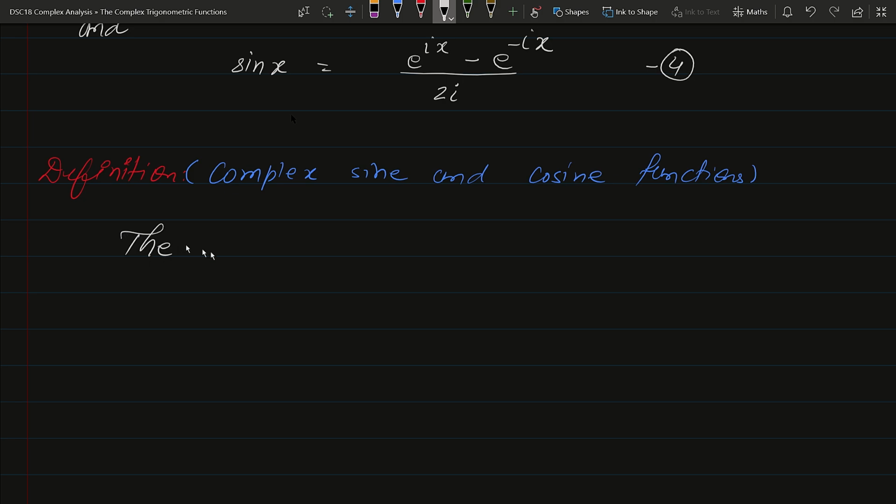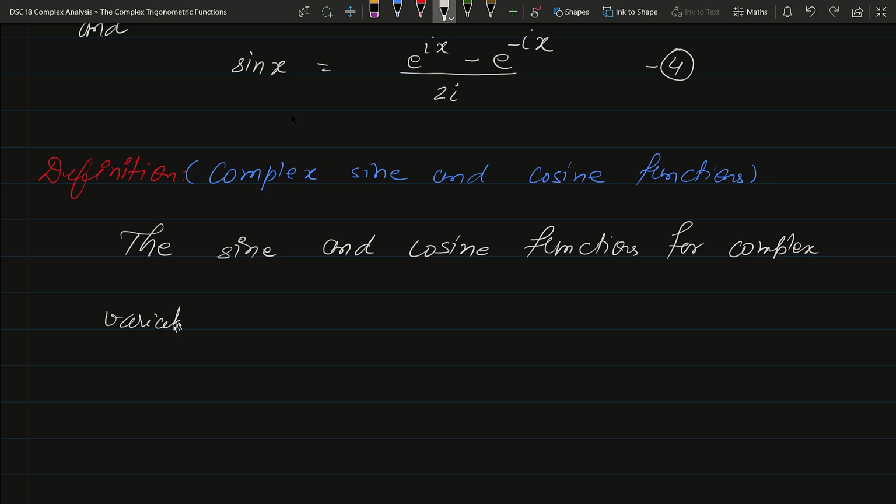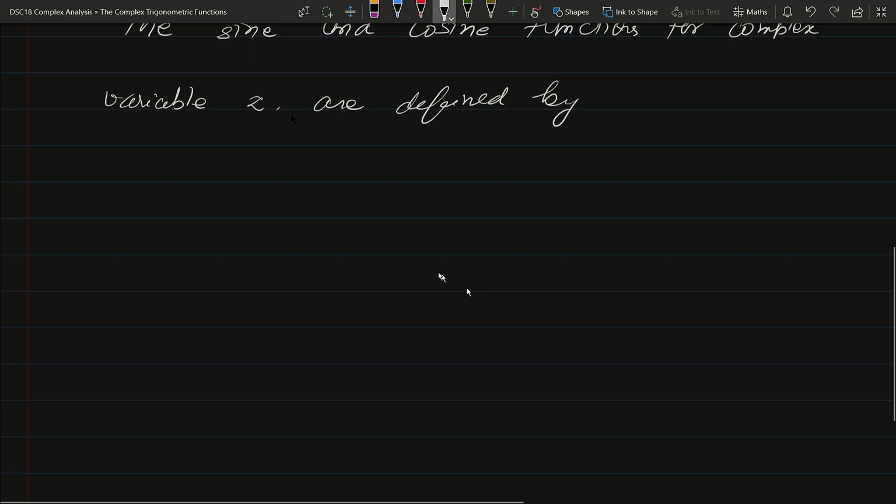The sine and cosine functions for complex variable z are defined by, just as we defined sin x, we are going to just replace x by z.